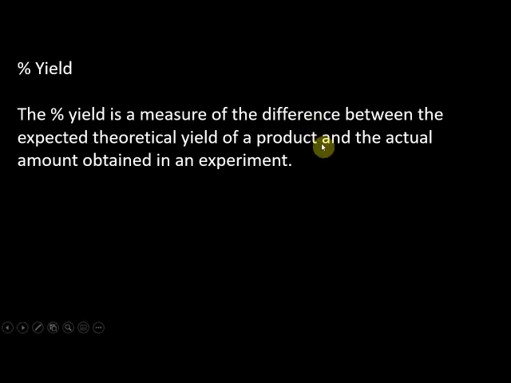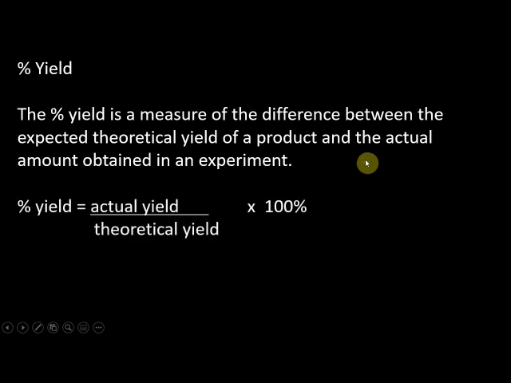So this is our definition for percent yield, and one of the things that we're going to do is calculate how this works. The equation is actually fairly straightforward. The percent yield is equal to the actual yield, the stuff that you collect when you carry out the chemical reaction, divided by the theoretical yield, which you calculate using the equations, and you multiply that by 100%.